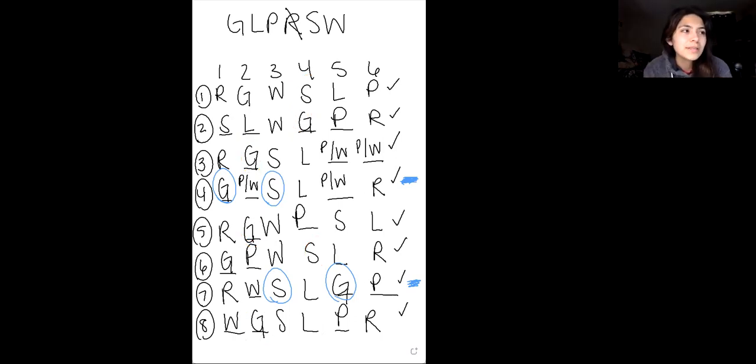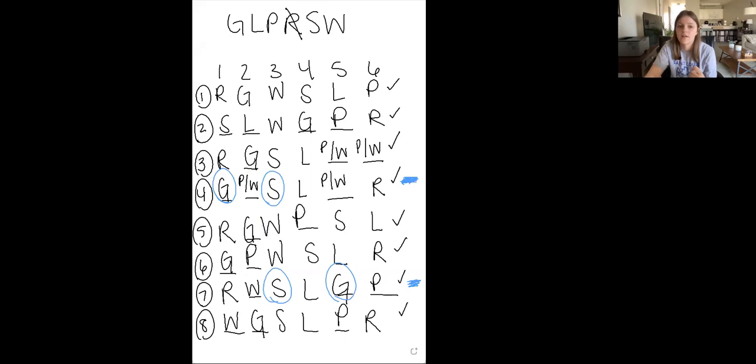The wool dress is on hanger 2 because in 4 and 7 it's on 2. And even though it's happening in both the worlds in this game, in this question, it just has to happen in one of them for it to be correct.